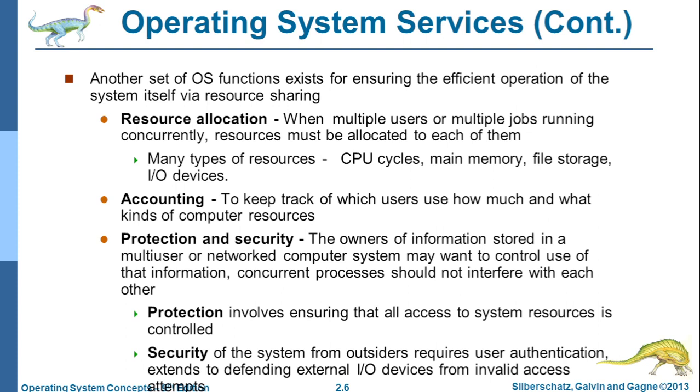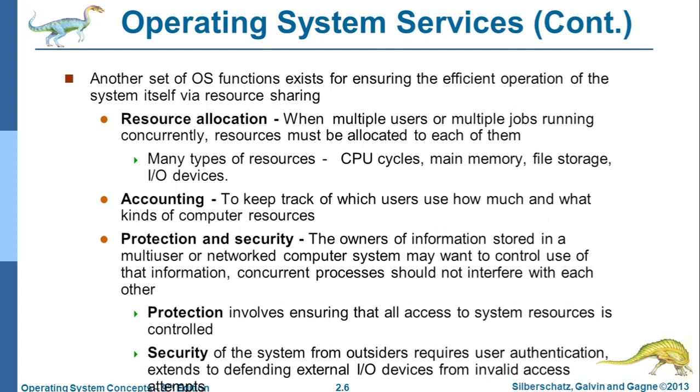Another is resource allocation. There are many types of resources, like CPU cycles or CPU, file storage, input output devices, and memory. These are the resources. The operating system allocates these resources efficiently. There is accounting. Accounting means it tracks which user is using what type of computer resources.